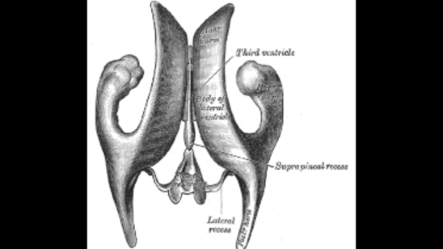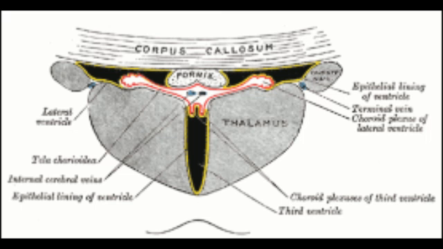The prosencephalon divides into the telencephalon, which forms the cortex of the developed brain, and the diencephalon. The ventricles contained within the telencephalon become the lateral ventricles, and the ventricles within the diencephalon become the third ventricle. The rhombencephalon divides into a metencephalon and myelencephalon.